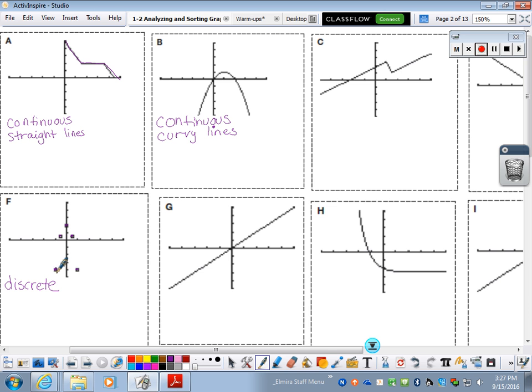For F, it's hard to tell on this graph, but if I were going to connect these, it kind of looks straight, but once we get into the chapter about parabolas, you're going to understand that's not really straight, this is actually curvy.